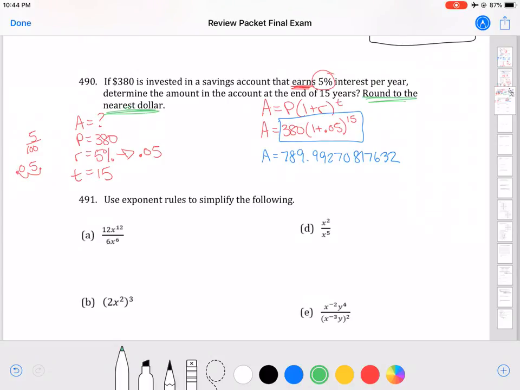This one's a little tricky to round because I do want just this number, but I have to look at that digit after it to see if it'll bump it up. That 9 will bump this 9 up. If you bump up that 9, or technically that 89, it's going to bump it up to 90. So rounded to the nearest dollar is going to be 790. The 9 bumps up the 9, which bumps up the 8.